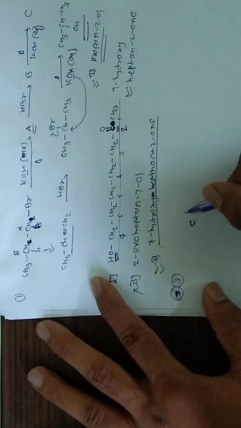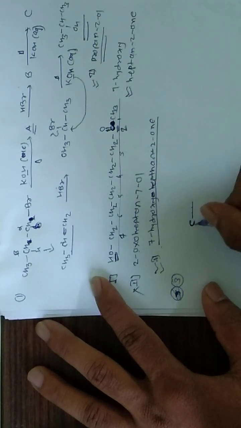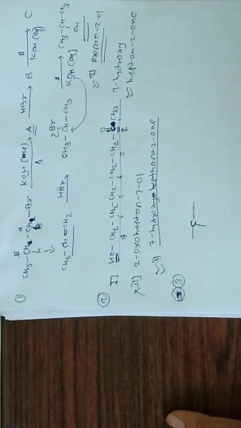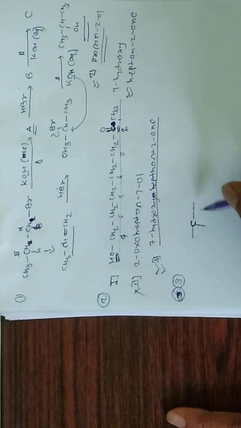So what should be the structure of that carbon? One bond has 2 electrons, another bond has 2 electrons, another bond 2 electrons. So 3 bonds means 6 electrons are there. That is the first condition satisfied.